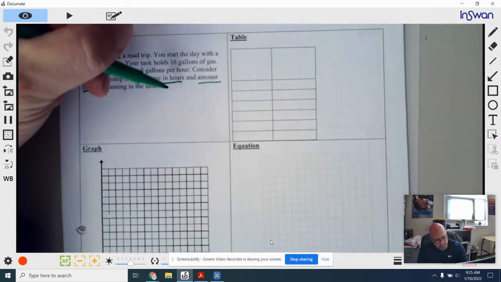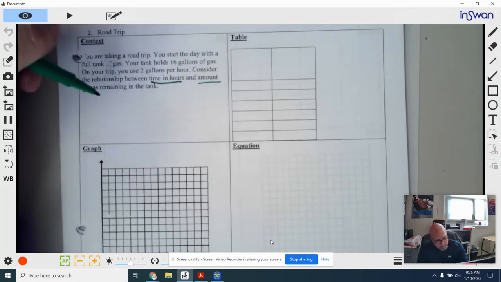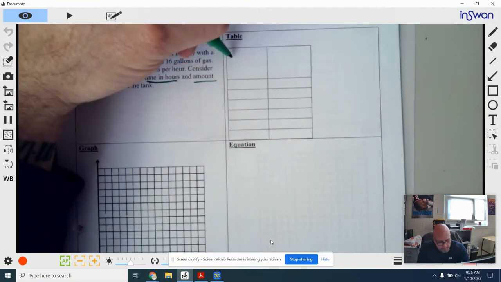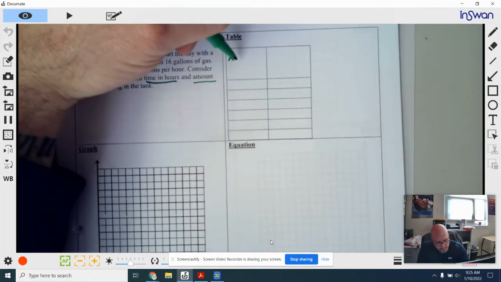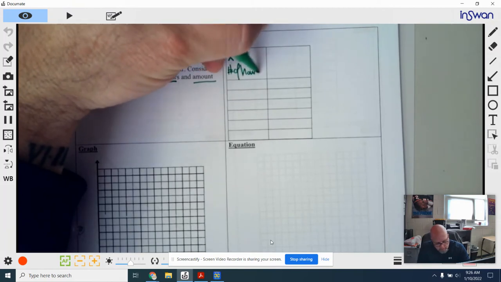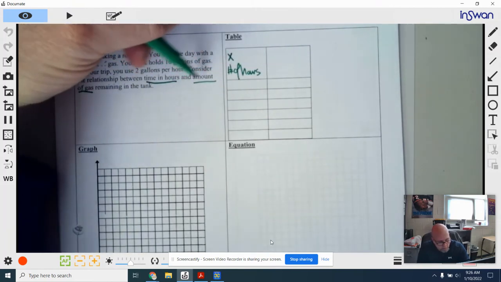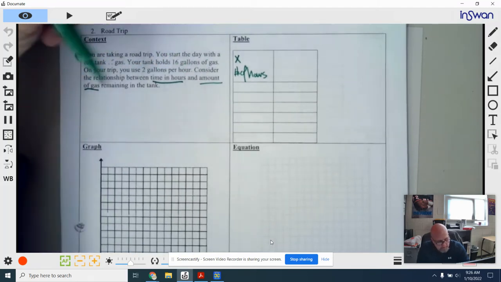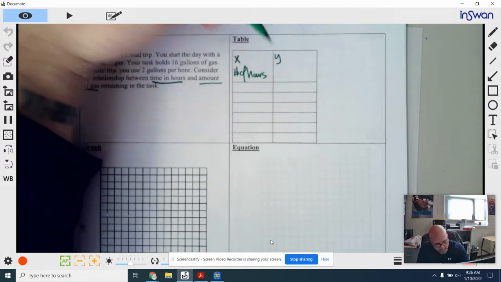Okay, so again, we see these two parts that we need to put over here in our table. Usually the number of hours will always be in your x side. So we put x over here, and then we can say this is our number of hours. And then our total amount. So total amount of money, total amount of something, in this case is gas. That's going to be our y.